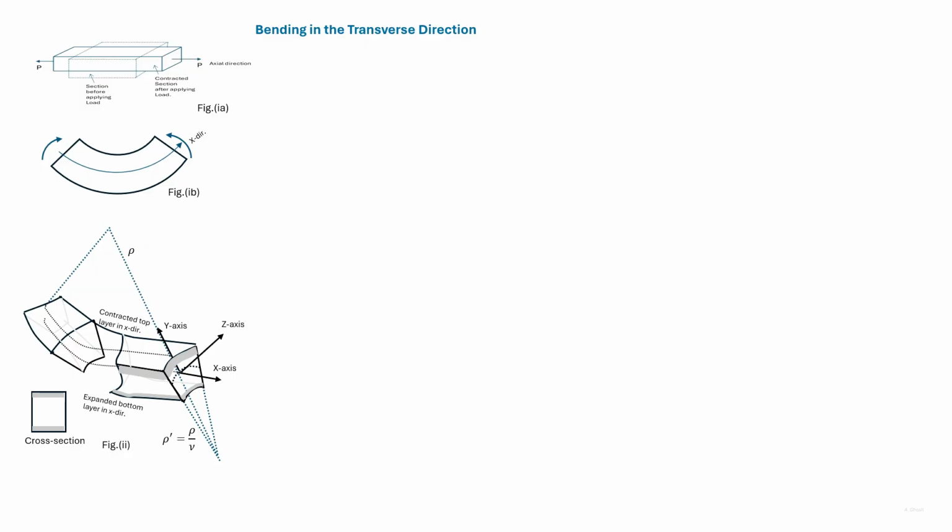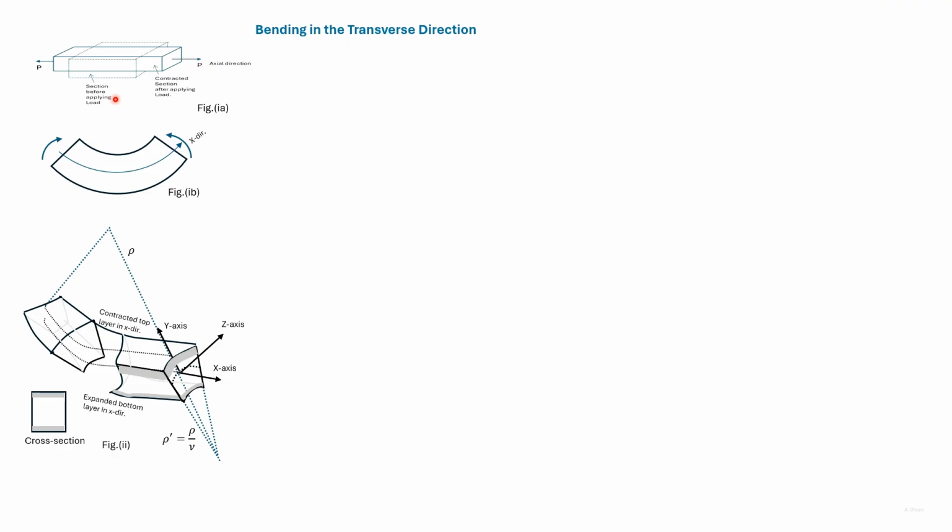It was mentioned earlier that bars subjected to axial loads contract in the lateral direction, and bars subjected to compressive loads expand in the lateral direction. This dotted line shows a block that is subjected to a tensile force. It elongates in the direction of the load and contracts in the lateral direction.